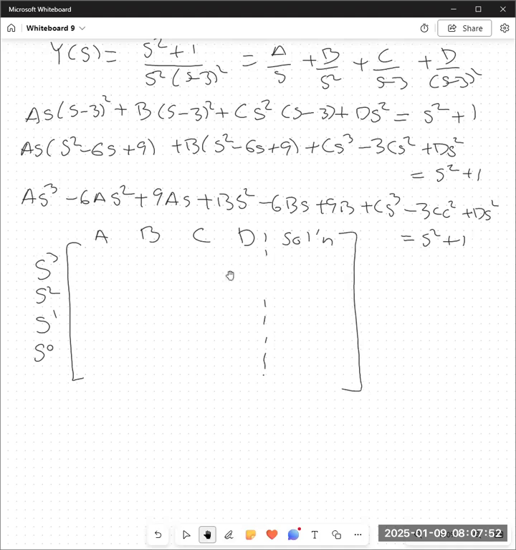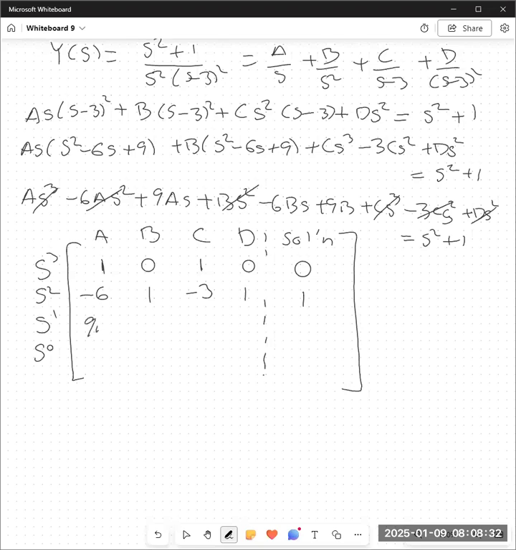So for s cubed, we have one of them here for a, and one of them there for c, and we don't have any here or here. For s squareds, we have negative 6a, we have 1b, and we have negative 3c, and we have 1d, and we have 1 s squared on the right.